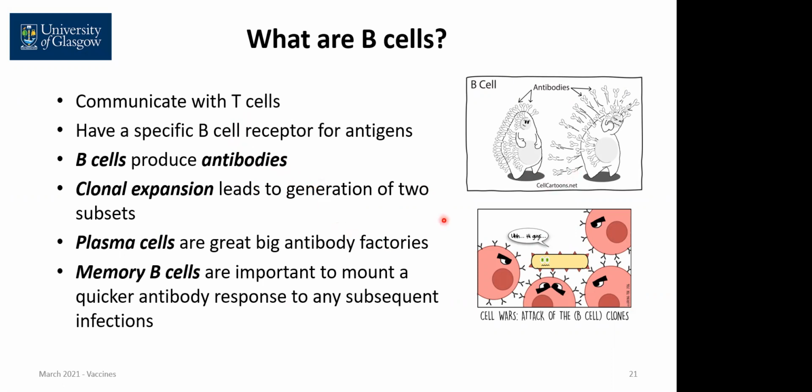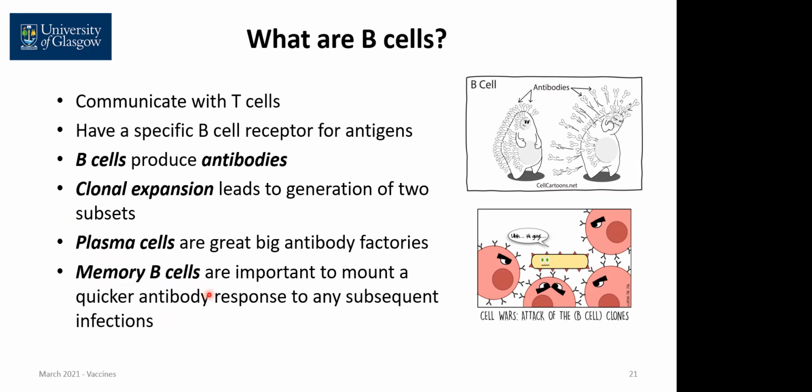And basically, B cells have the potential to be an antigen presenting cell, so they can actually phagocytose and process antigen in a similar manner to dendritic cells, and they will then interact with T cells via this antigen presentation process. And following this interaction, which we'll talk about in the next slide, the mature B cells will differentiate into plasma cells.